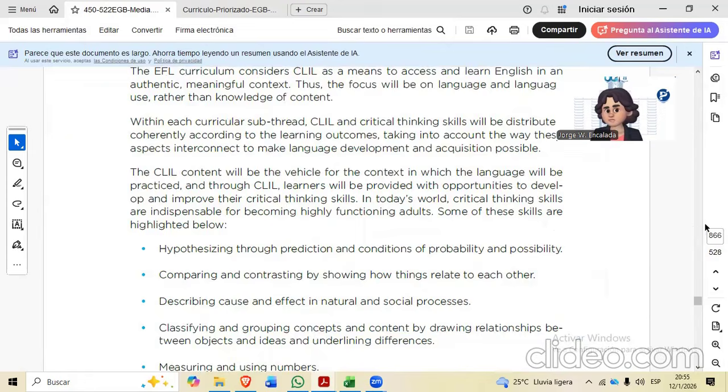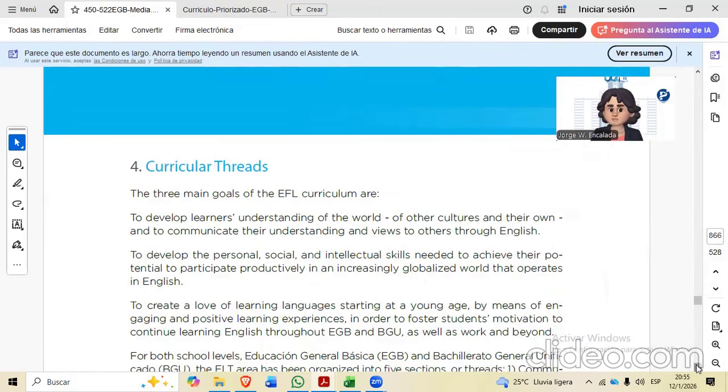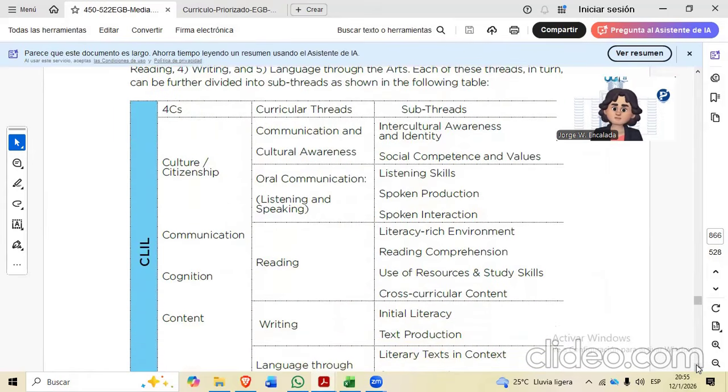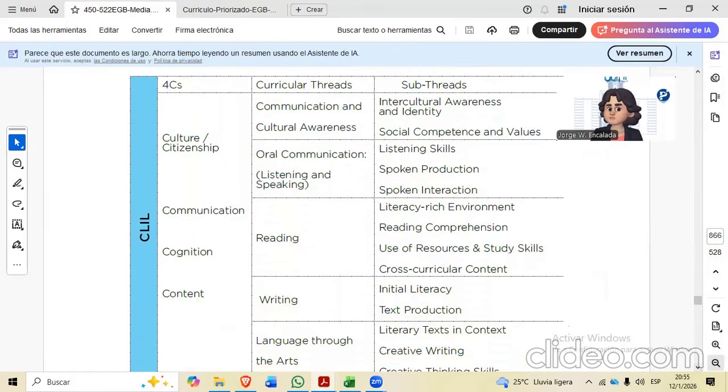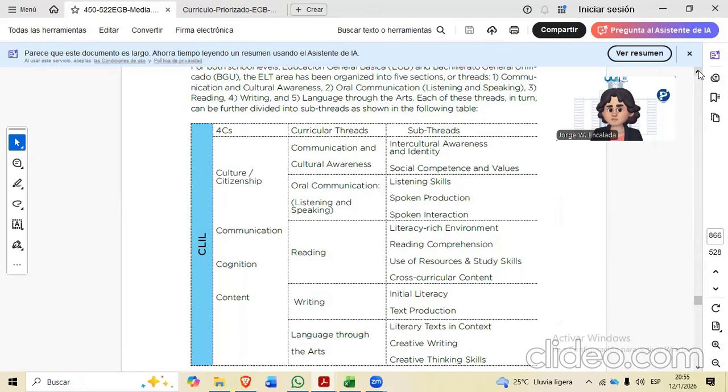You know that I don't enjoy using Spanish with you, but curricular thread is what we call in Spanish an eje curricular. Sometimes the first time that you hear the terminology it could be like, what's that? So a curricular thread is an eje curricular, or as we call it in different countries, a curricular strand. Okay, so it's the same: curricular strand, curricular thread, eje curricular.